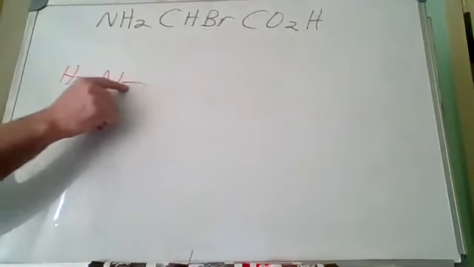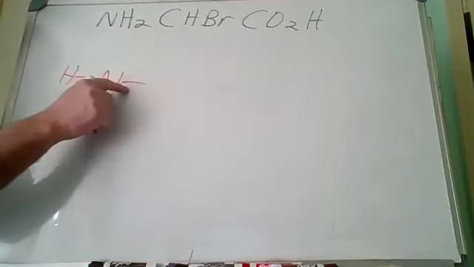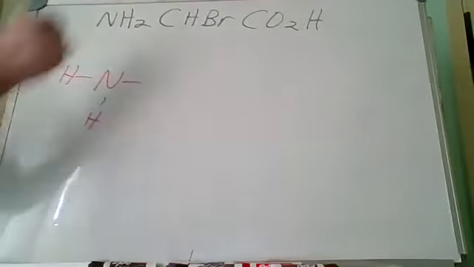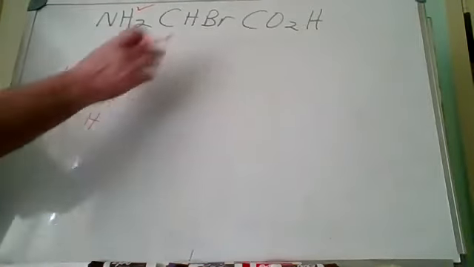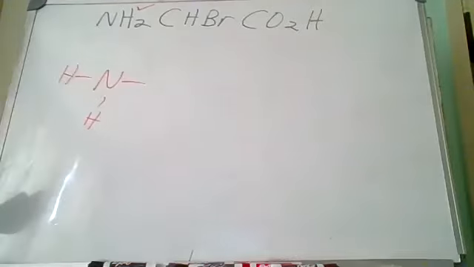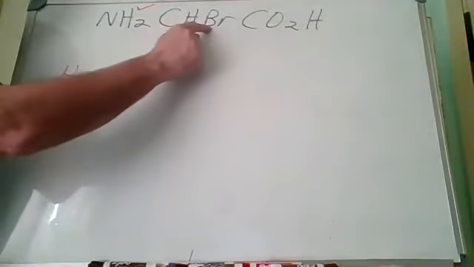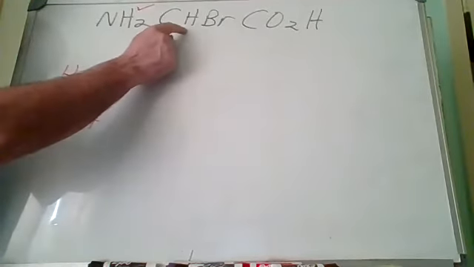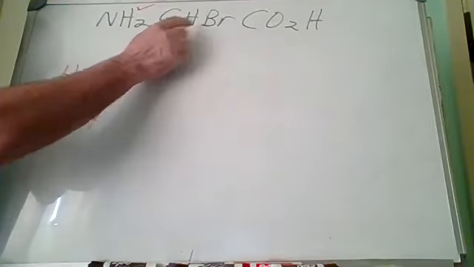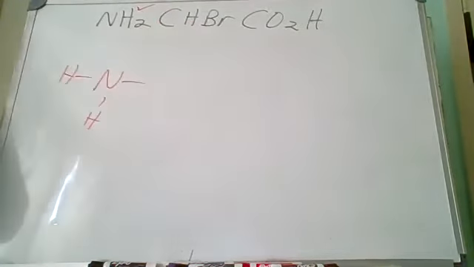And then there's an open-ended bond. The amine group itself can only make 1 more bond. So I'm going to put a check mark there, on the NH2. And then, again, the CHBr is going to look just like CH2. And again, that's because the halogen, bromine, can only make 1 bond, just like a hydrogen can only make 1 bond. But this will look just like CH2.